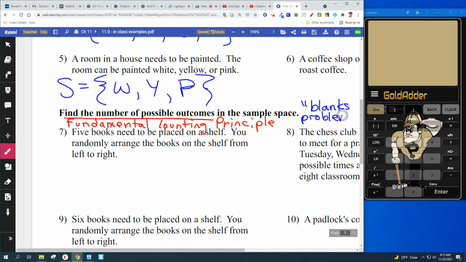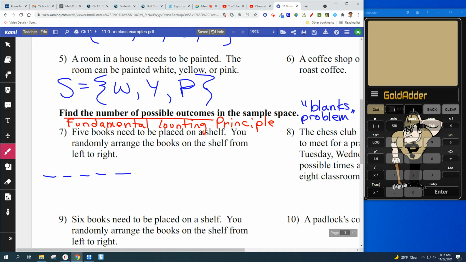Yeah, fill in the blanks. All right, so fundamental counting principle is a blanks problem. When I see this problem, 5 books need to be placed on a shelf. You randomly arrange the books on the shelf from left to right. So in my eye, I see 1, 2, 3, 4, 5 blanks. And we're going to fill in books into these 5 spaces.